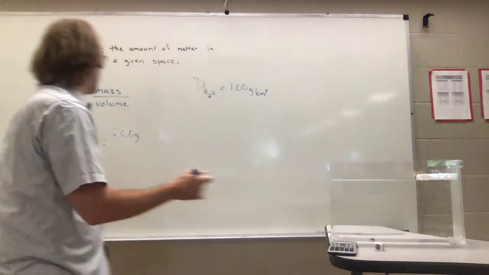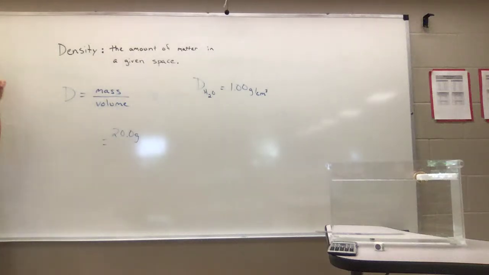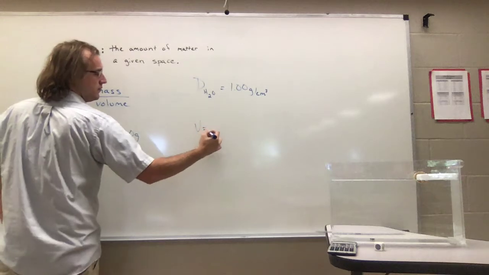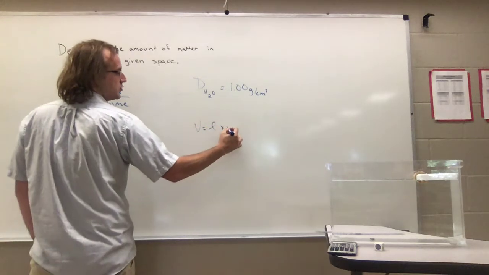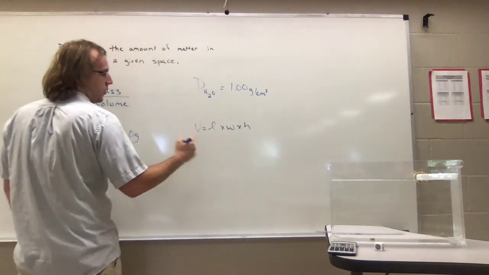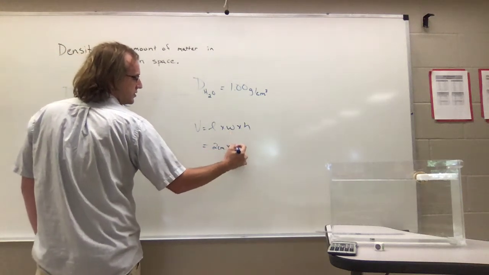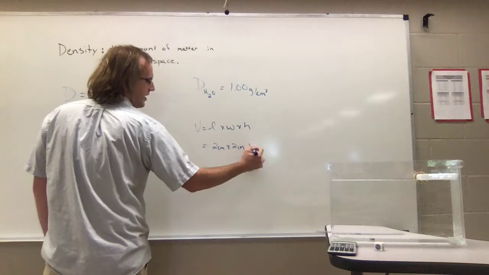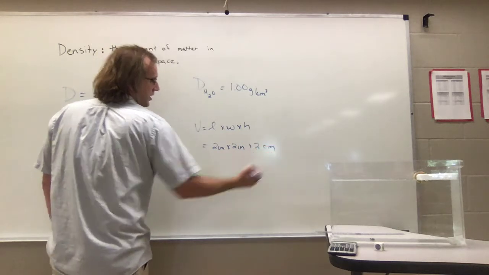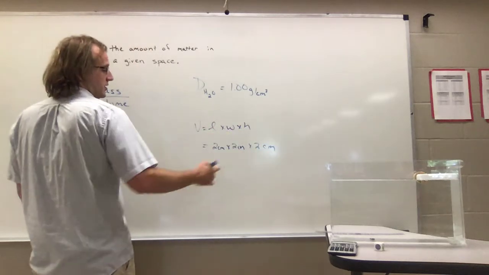We've got a volume, it's length times width times height. I know I have a length of 2 centimeters, a width of 2 centimeters, and a height of 2 centimeters. 2 times 2 is 4, times 2 is 8.